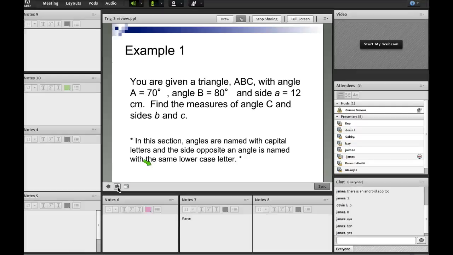We know two angles in a triangle. What's the easiest way to find the third angle? How many degrees in a triangle? Yeah, they add up to 180. So I would take 180, subtract 70, subtract 80, and get my third angle C.